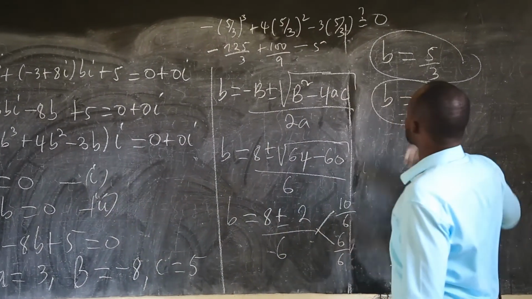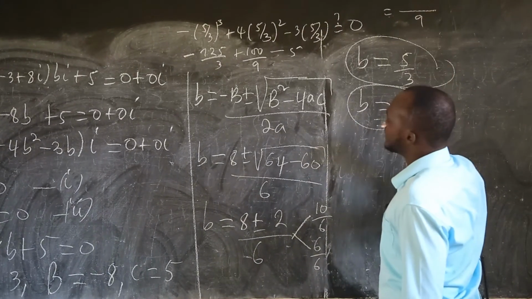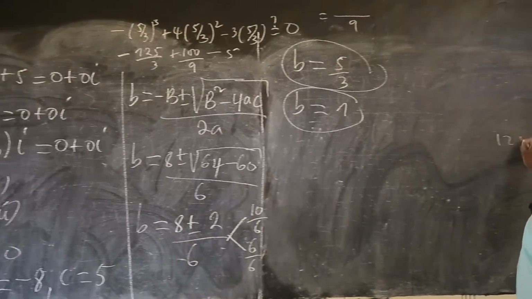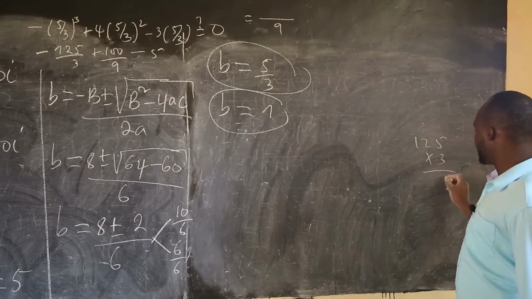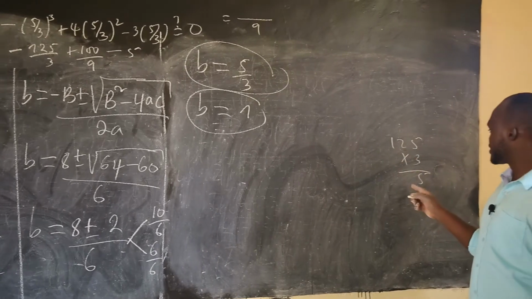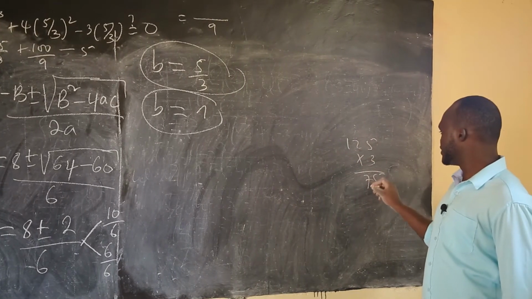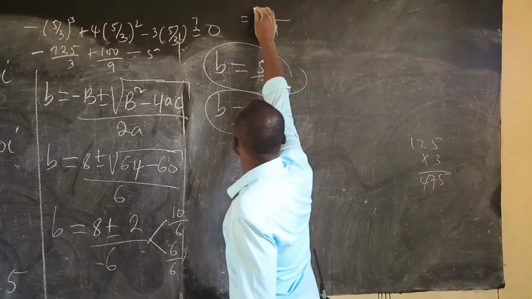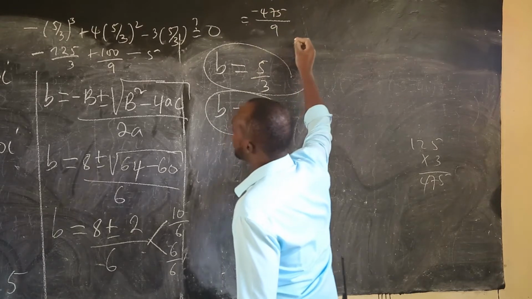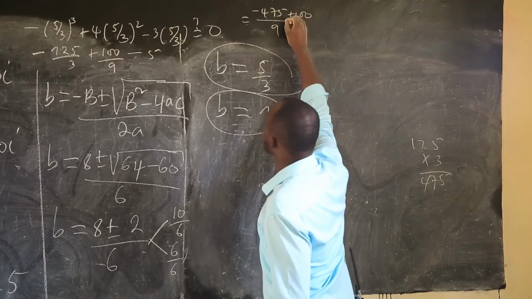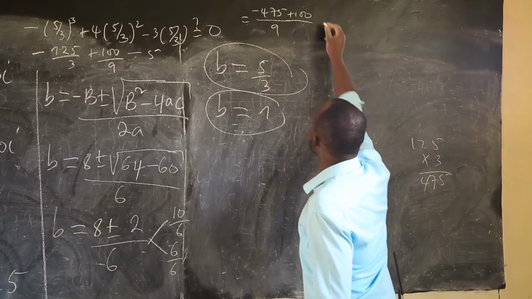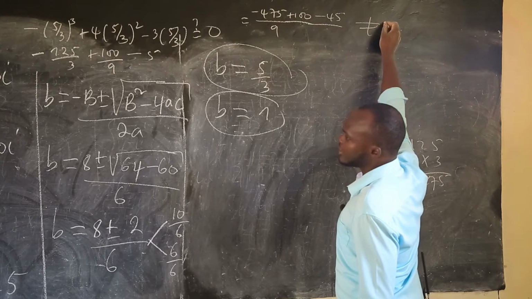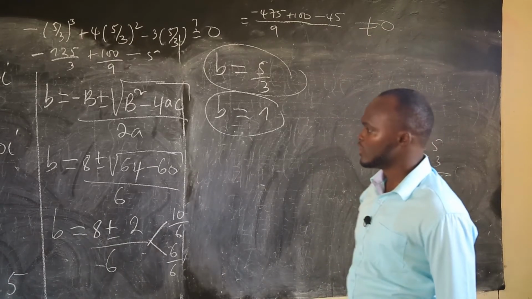So the LCM is 9. 125 times 3 gives 375, so that is negative 375 plus 300 minus 45... As you can see, this is different from 0.